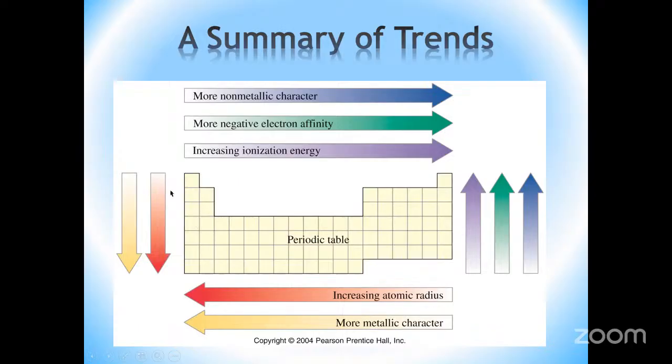Going down any group, again, the atomic radius increases, and the element becomes more metallic. And going up any group, the non-metallic character increases, the electron affinity becomes more negative, and there's an increase in the first ionization energy as you go from bottom to top of any group.